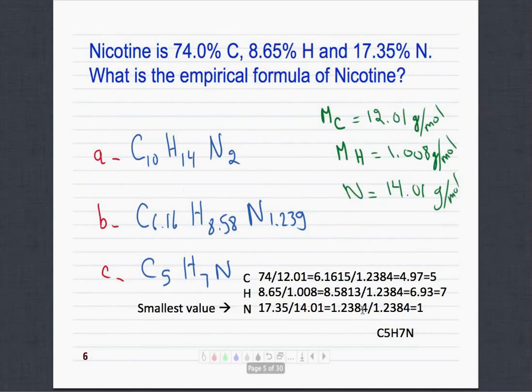Okay. Now I have all these numbers. I'm going to put them in here: 6.16, 8.58, and nitrogen being 1.238.